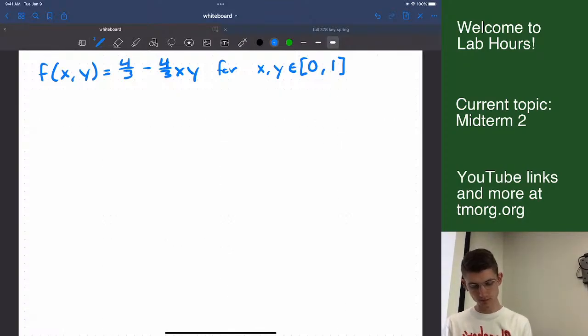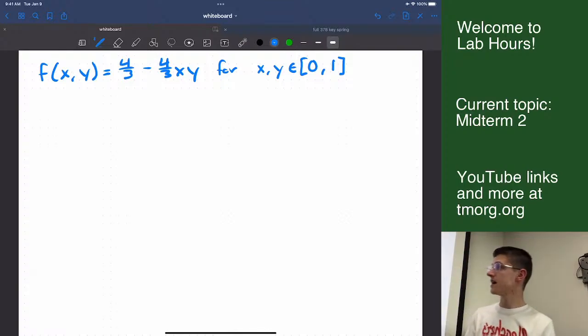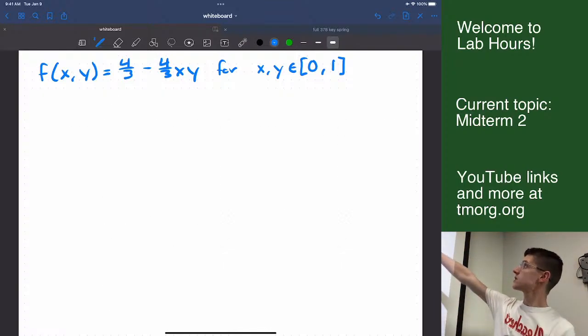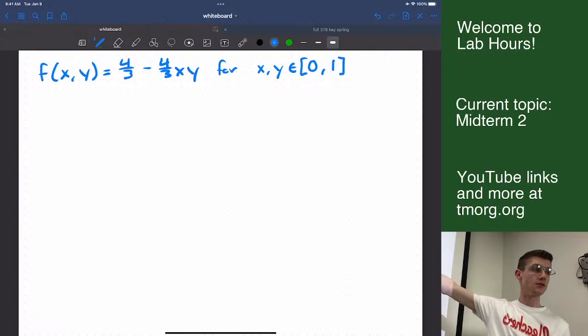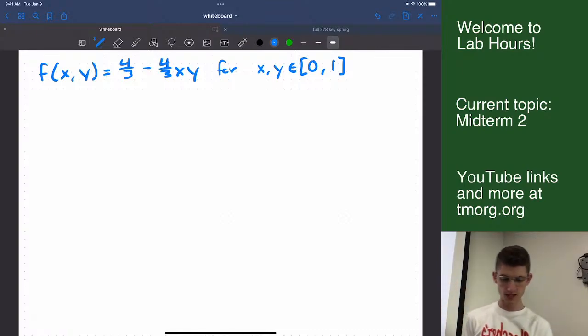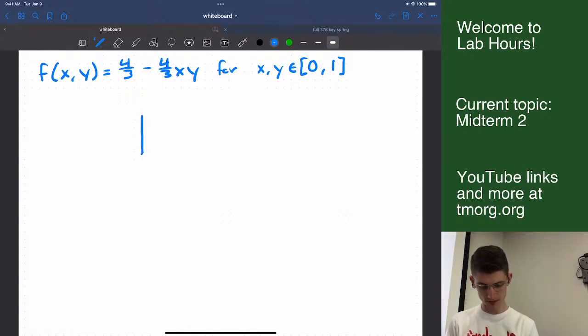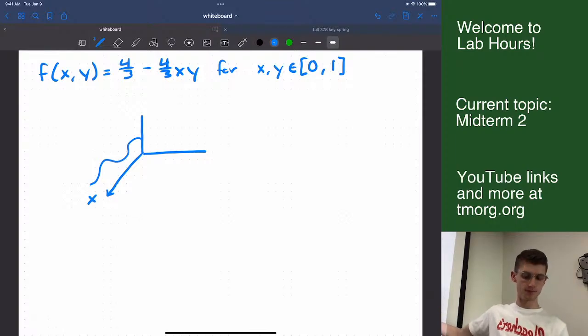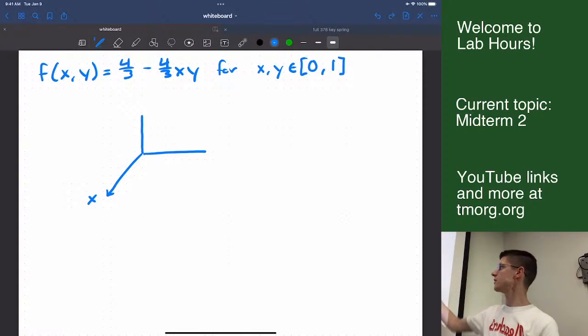So the really nifty thing about this is, I don't know if you can tell, but this graph would be in 3D. On the one hand, here's your x-axis, and there's some kind of probability distribution of x going out towards us in the x direction.